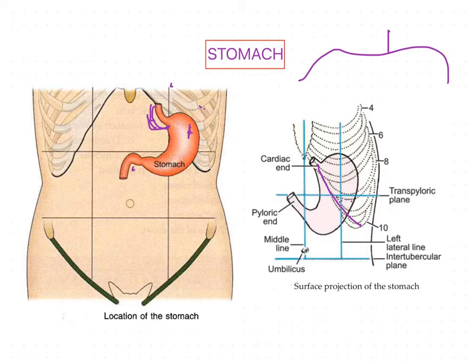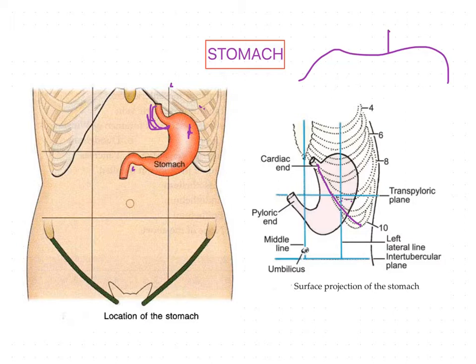Next, the shape and position. The shape of the stomach depends upon the degree of distension and that of surrounding viscera, for example the colon. Distension means when the stomach is full, it will distend more.